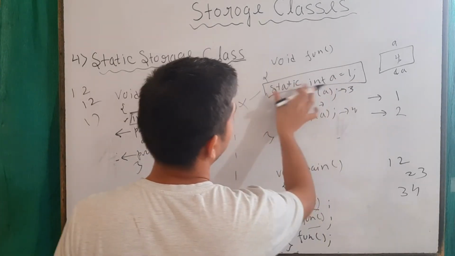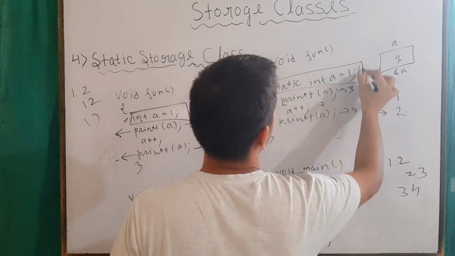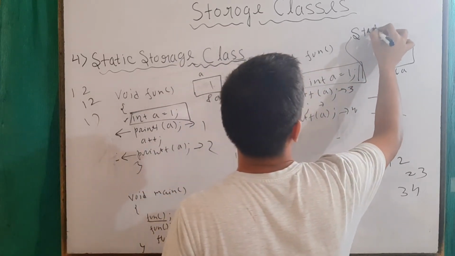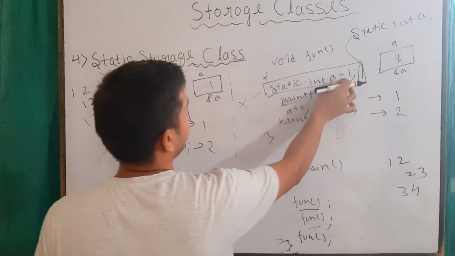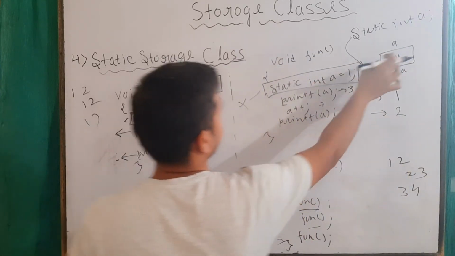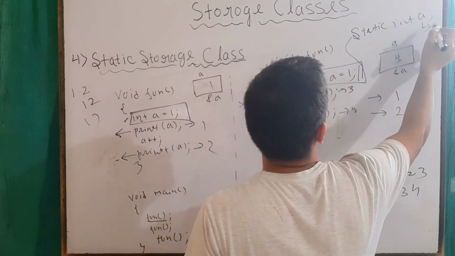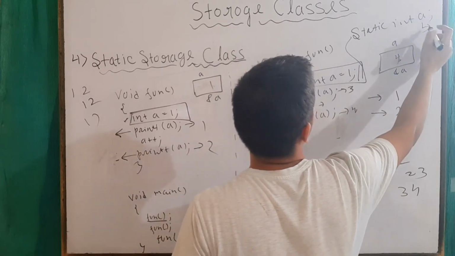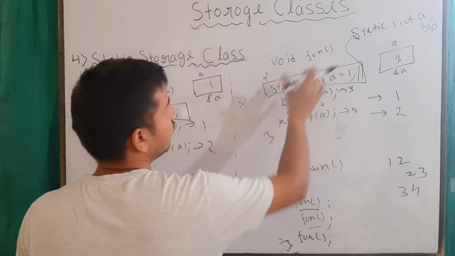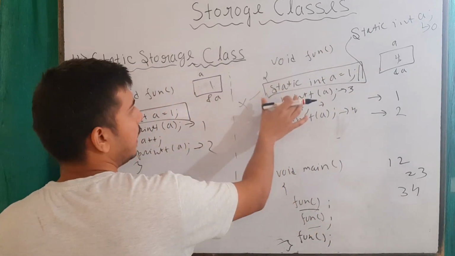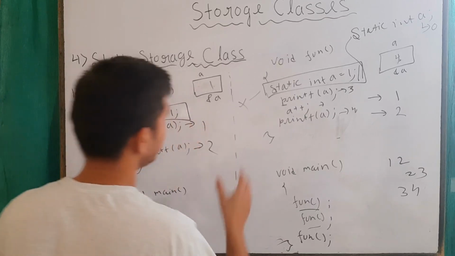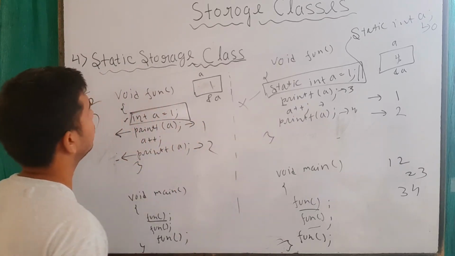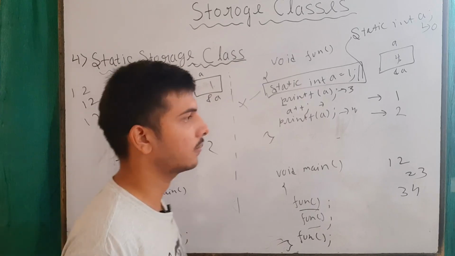Instead of this, we can also write static int a, which does the same thing. Here the initialization was 1, and there the initialization was nothing, but the default value will be 0. So whenever I am using static, these rules will be followed. This is an important point for the static storage class.